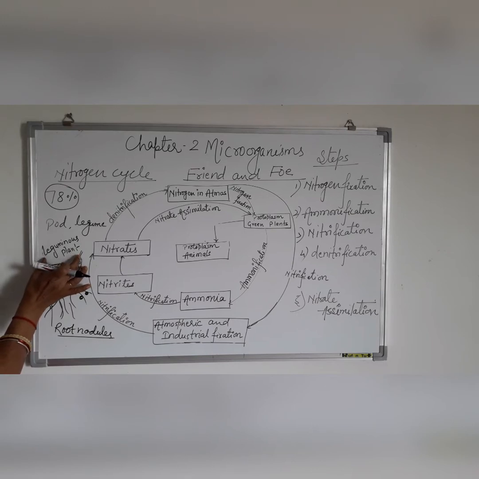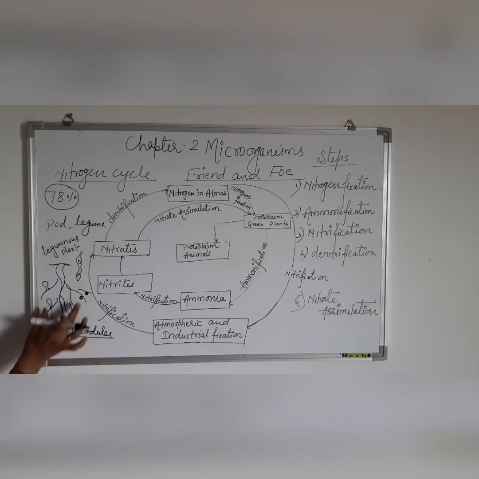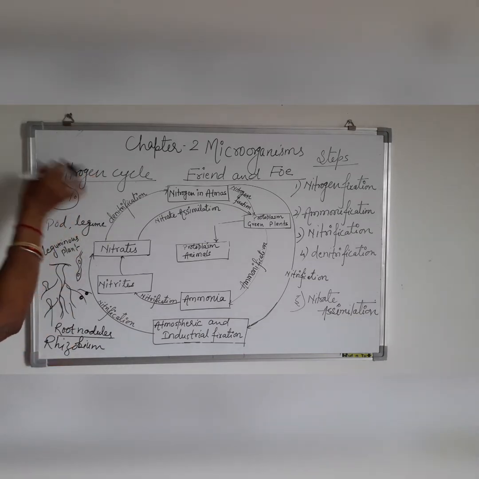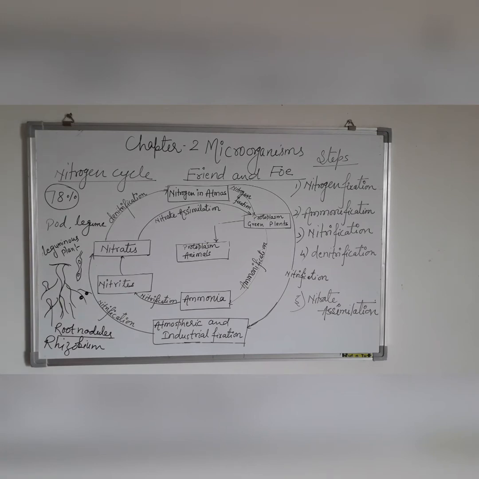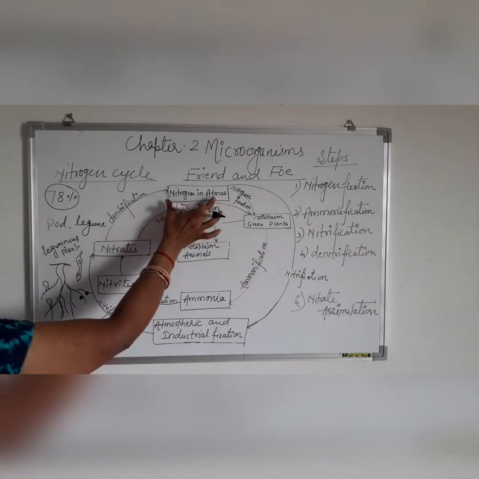So the roots of leguminous plants have root nodules, and these root nodules provide a place for the nitrogen fixing bacteria which is called Rhizobium. In the root nodules of leguminous plants, Rhizobium bacteria reside, and the main function of this bacteria is to fix the free atmospheric nitrogen into the root nodules of leguminous plants.